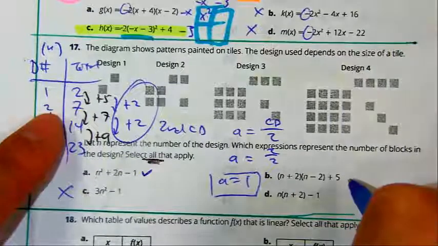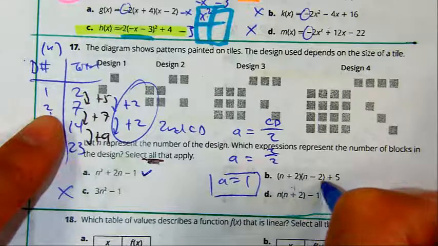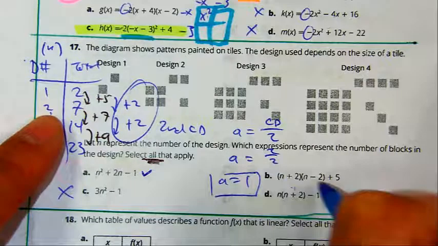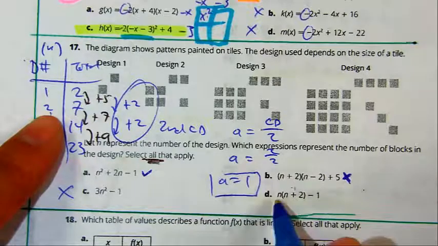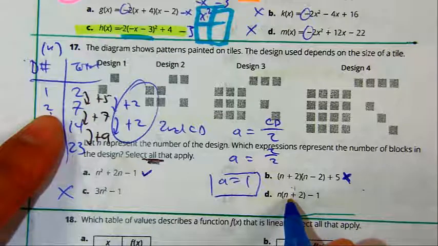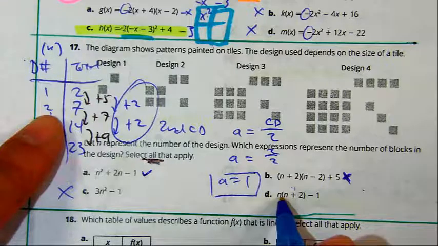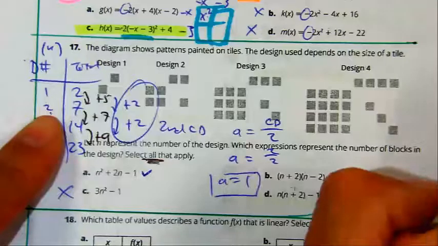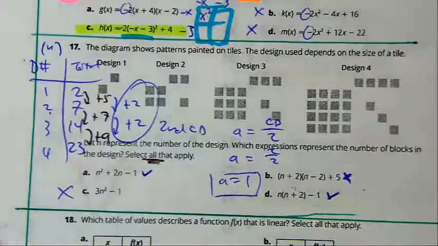If I put in 2 here, so that's 2 plus 2 is 4, 2 minus 2 is 0, 4 times 0 is 0, 0 plus 5 is 5, not this one. If I put in 2 there, 2 plus 2 is 4, 4 plus 4 times 2 is 8, and 8 minus 1 is 7. So my choices are A and D.